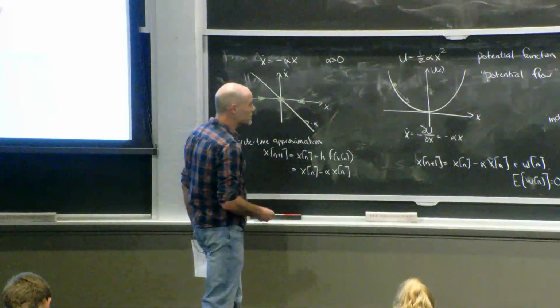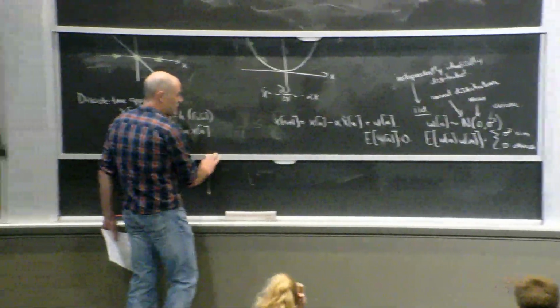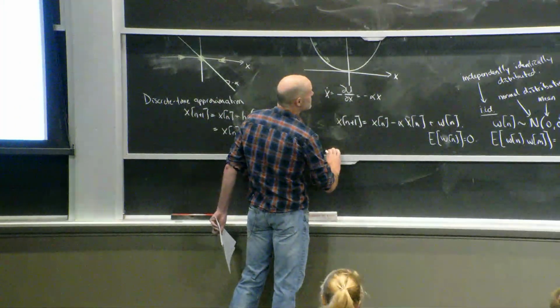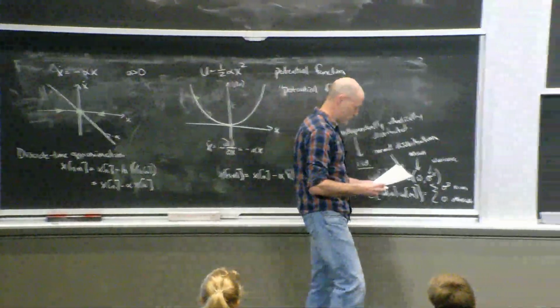So what we need to do is transition to thinking about a probability distribution over x more generally.